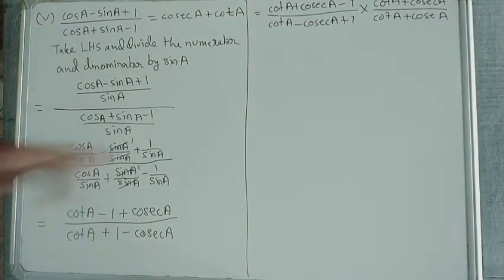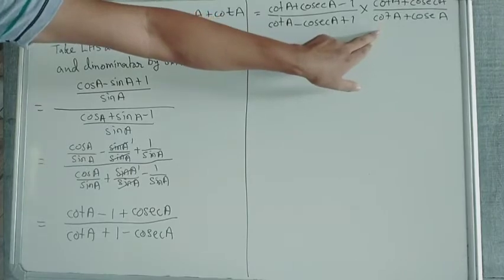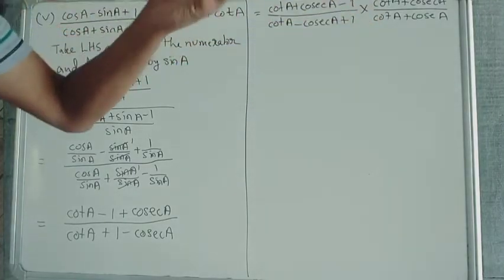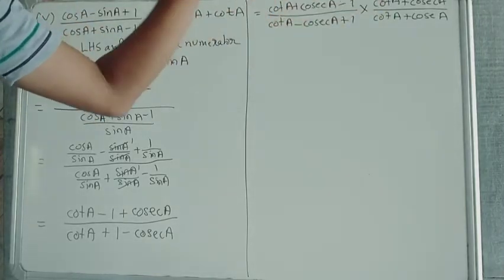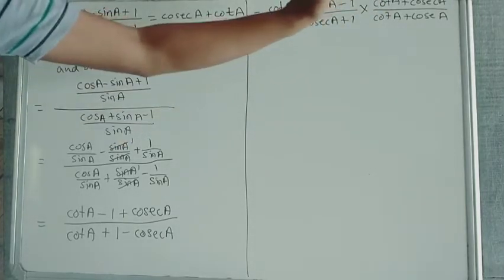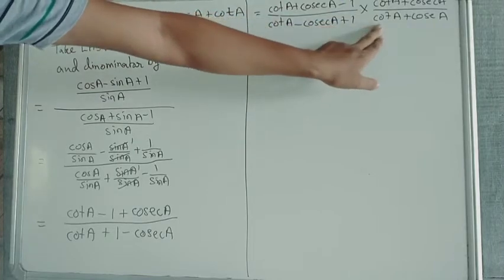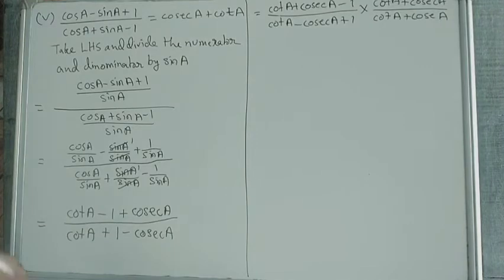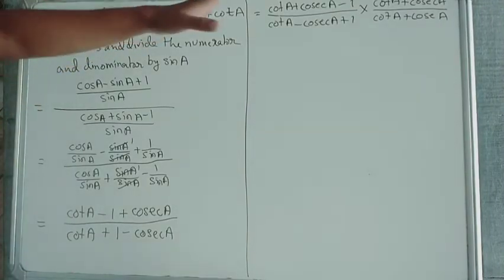What we are doing here is multiplying by something. Any number we multiply or divide by doesn't change the whole question. So here you have to remember that we divide and multiply. These are assumptions we are taking in this question.